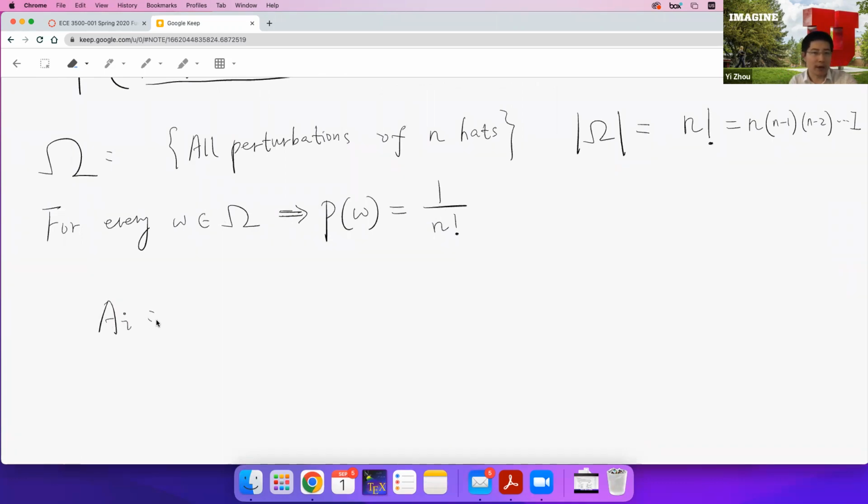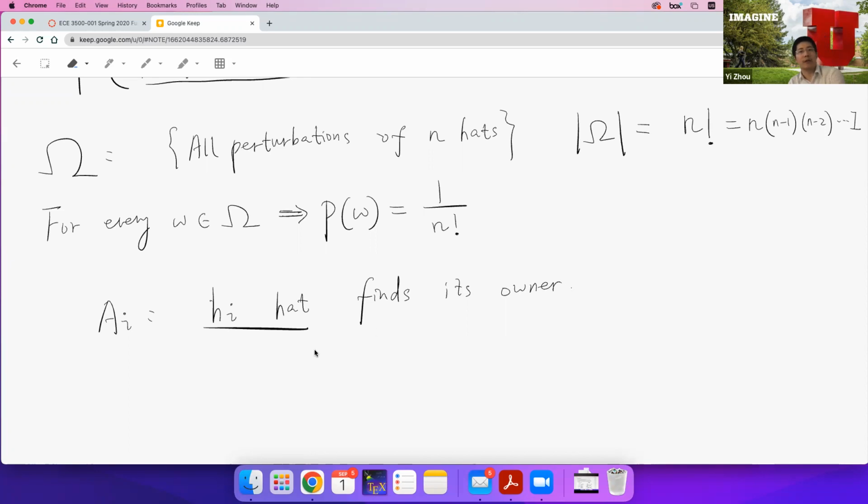So we can define Ai to be the event that the i-th hat, Hi, finds its owner.